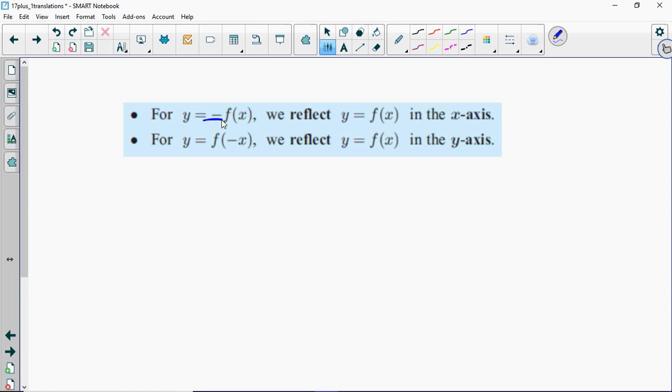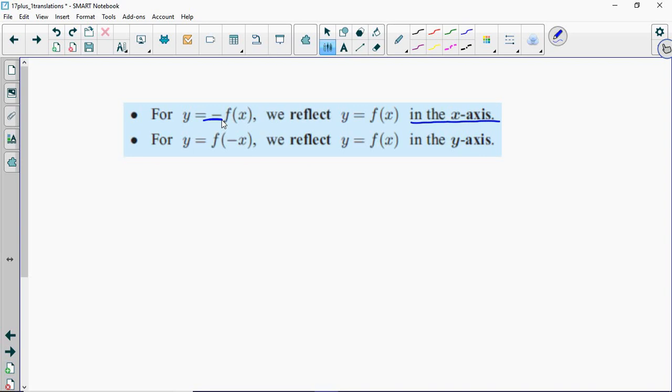We were only dealing with positive numbers. So now we see what happens when we have a negative. If it's just -1 times f of x, then it's just a good vertical reflection. If it were -2 times f of x, it'll be a vertical reflection, and it's going to be stretched twice as far. All right? So vertical reflection means we're going to reflect it over the x-axis.